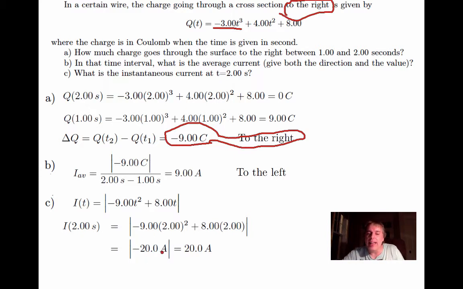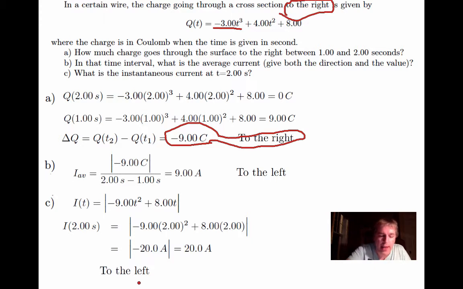That means that at that instant you have negative charges going to the right, which means that the current has to be to the left, because the current tracks the motion of positive charges. So the current at that time is to the left.